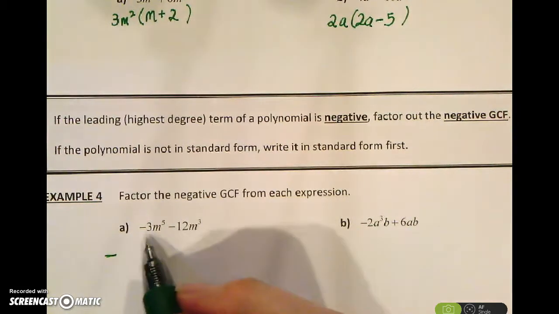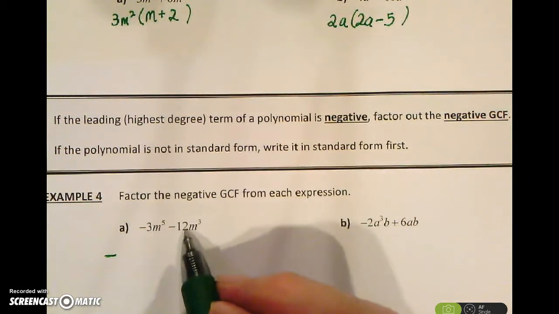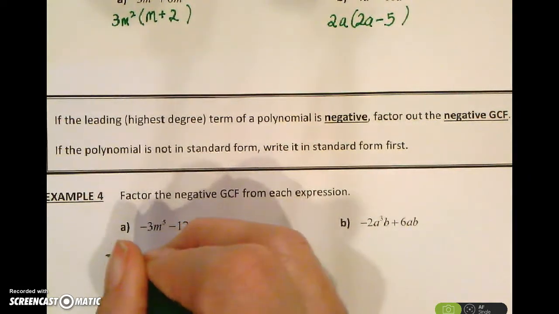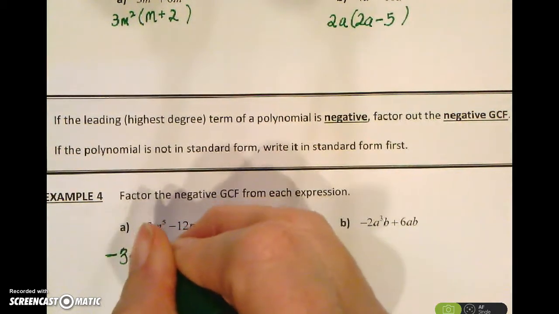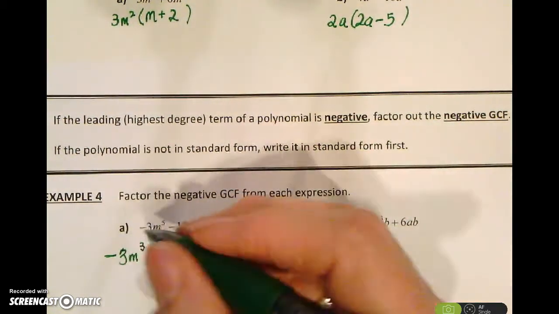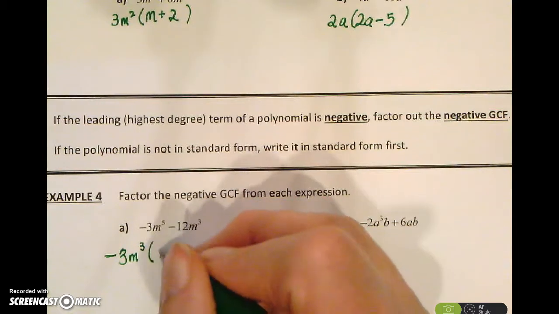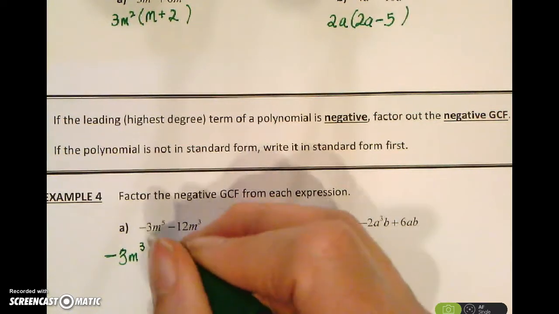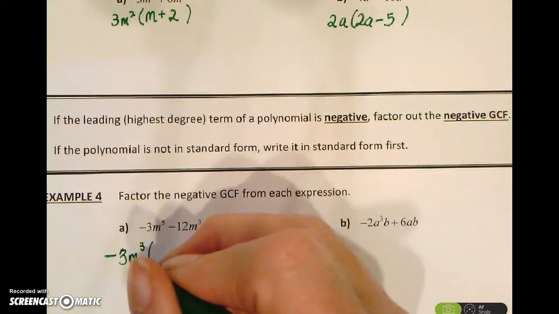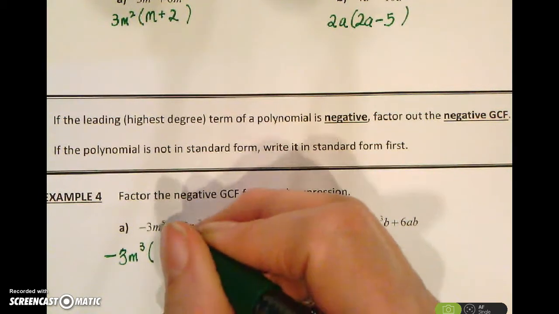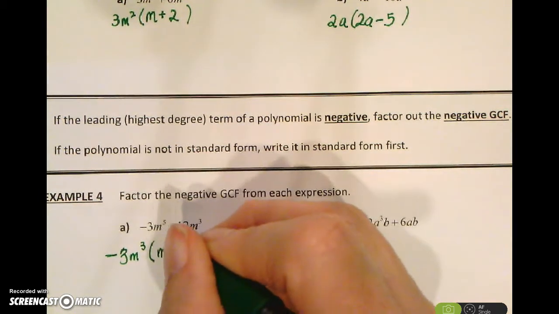All right, so now GCF, the biggest number that goes into 3 is 3, and it also goes into 12. So I'll put a 3 there. How many m's do they have in common? m to the third, and that's going to take, when I divide a negative and a negative, so what? Negative 3 times what is negative 3? Well, 1. I'm not going to write a 1 unless I have to. And then m to the third times what gives me m to the fifth? m to the second.